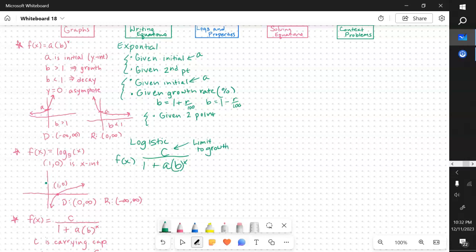To figure out A and B, you need 2 more points.